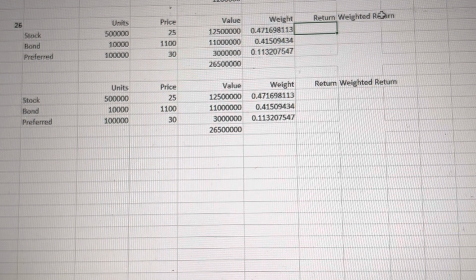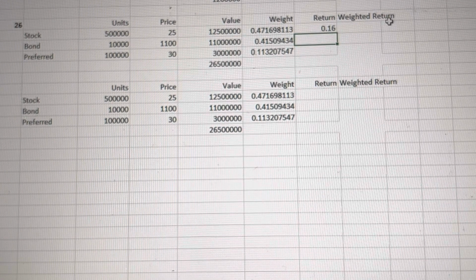For the stock, in the no tax rate case, it's 0.04 plus the 1.5 beta multiplied by the market return of 0.12 minus the risk-free rate of 0.04, which gives a value of 0.16.